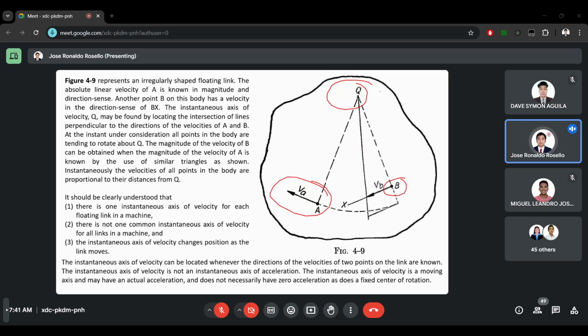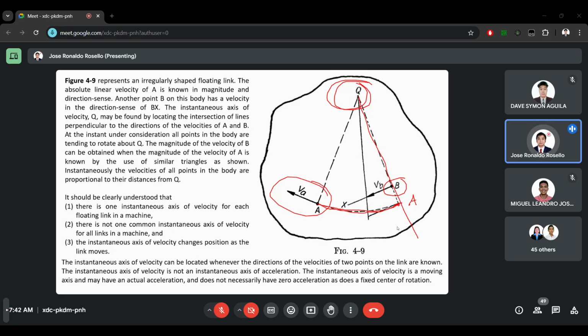So what we need to do, if we will be using a compass, is place the pointed end at Q, then the pencil end at A. Then we will just make point A travel to a line that is collinear with B. So let's make a line Q going to B. Then let's make a path where A will travel to this line. And once we have traveled, this point will now be point A also.